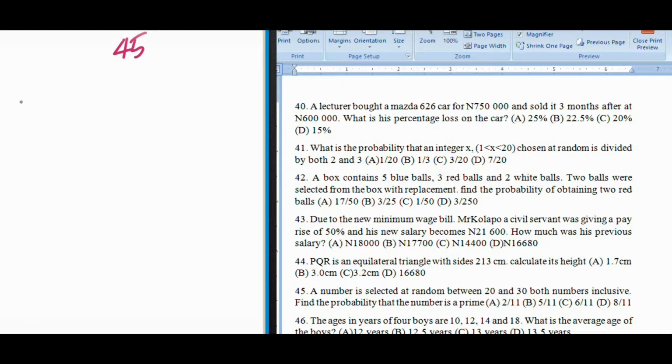And the possible outcome there is 11. Counting from 20, 21, 22, down to 30, you have 11 numbers there, which means the possible outcome is equal to 11.